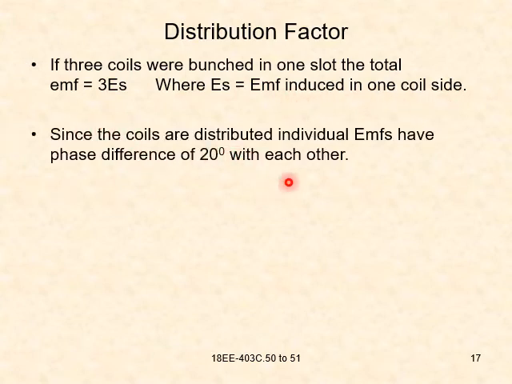Since the coils are distributed, individual EMFs have a phase difference of 20 degrees with each other.